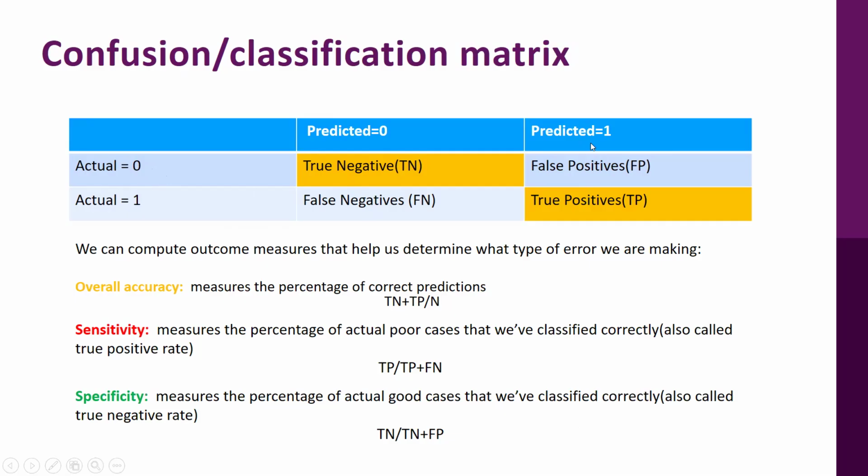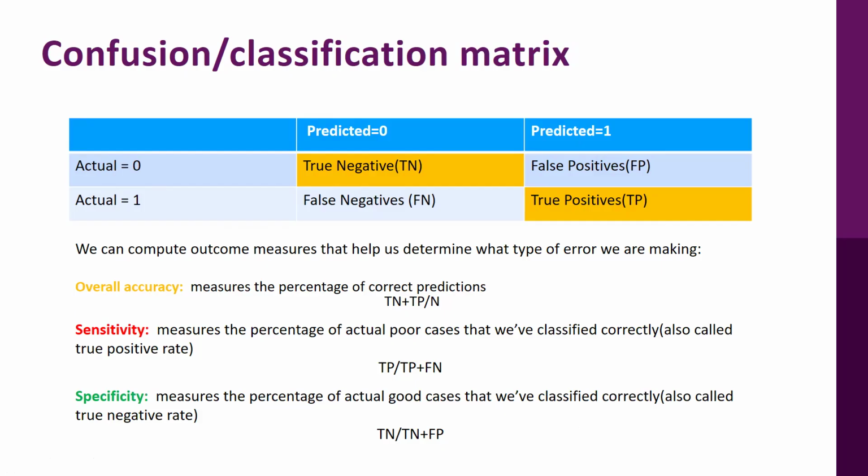On the other hand, you might have someone who is healthy, but your prediction was that they are ill. In that case, you had a false positive error because you falsely predicted that someone is ill, whereas they were healthy. But you may also predict someone who was ill as truly being ill, and that would be a true positive.